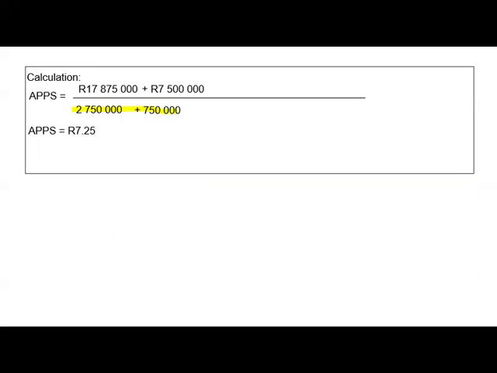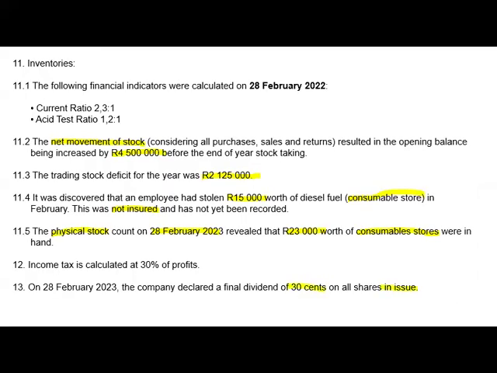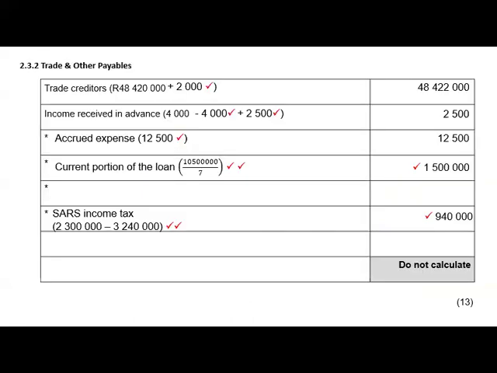Whatever you get there, you multiply by 30 cents, and that will give you shareholders for dividends. Final dividends, you'll put them in trade and other payables. Smart, innit? Now you just put it there. There we go. You're done.